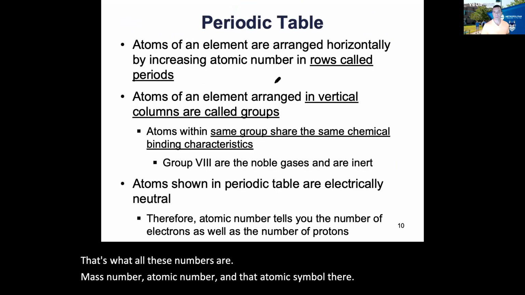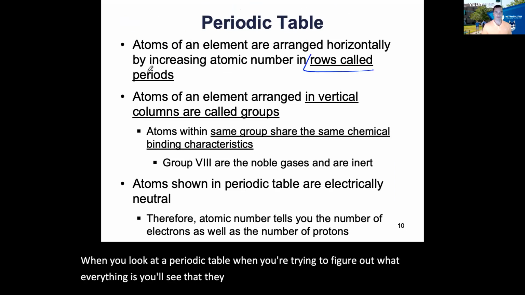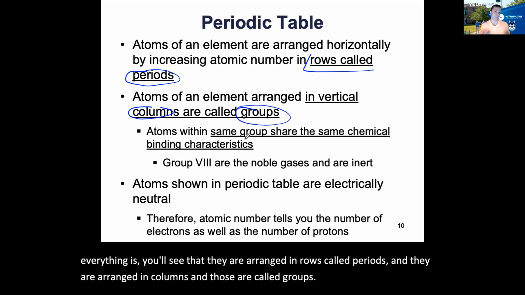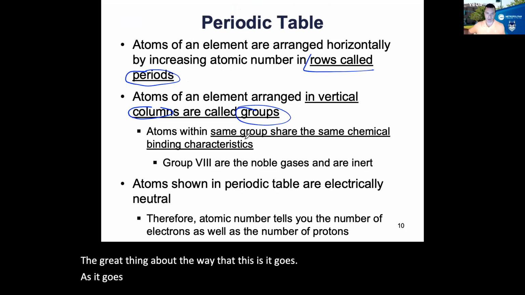When you look at a periodic table, when you're trying to figure out what everything is, you'll see that they are arranged in rows called periods, and they are arranged in columns, and those are called groups, right? The great thing about the way that this is, as it goes across, it gets heavier and heavier. There's a greater atomic mass.